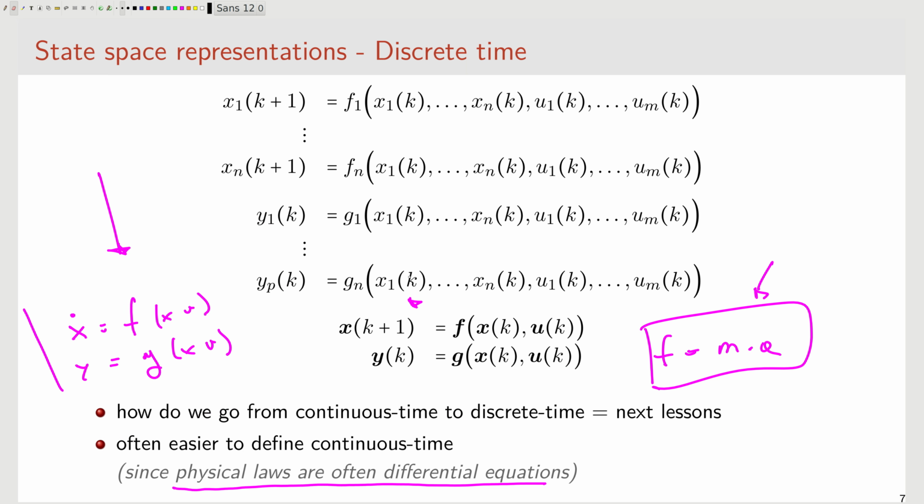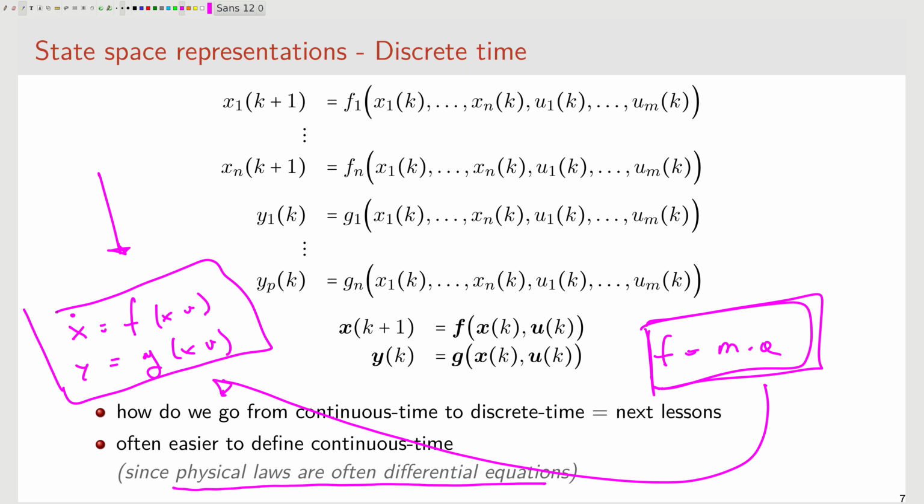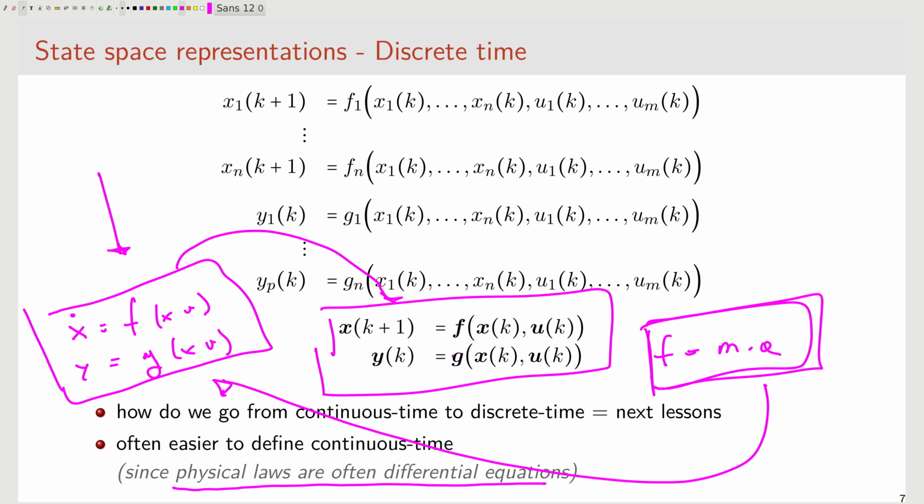The flux is basically that we start from physics, saying some laws in continuous time. This might not be written in a state space form, as we will see very soon. Then we write it in state space form in continuous time, and then we discretize it. Little by little, we will do all of those steps, but at least from the beginning you get a bit of the picture.